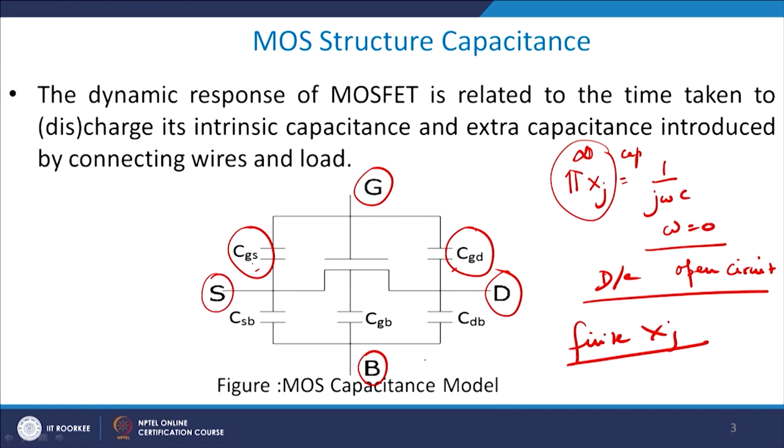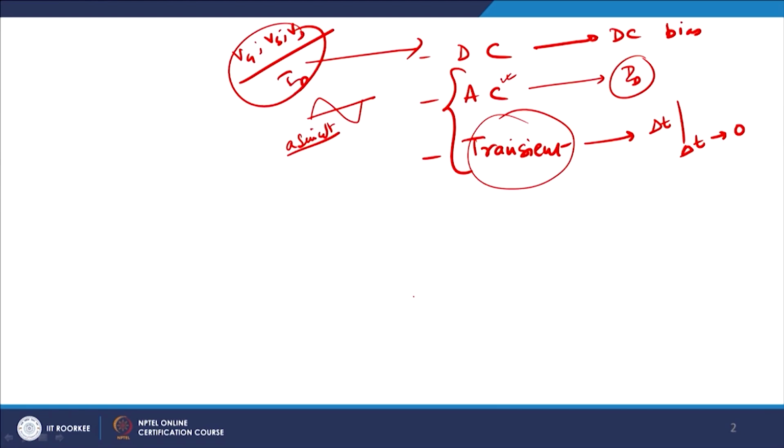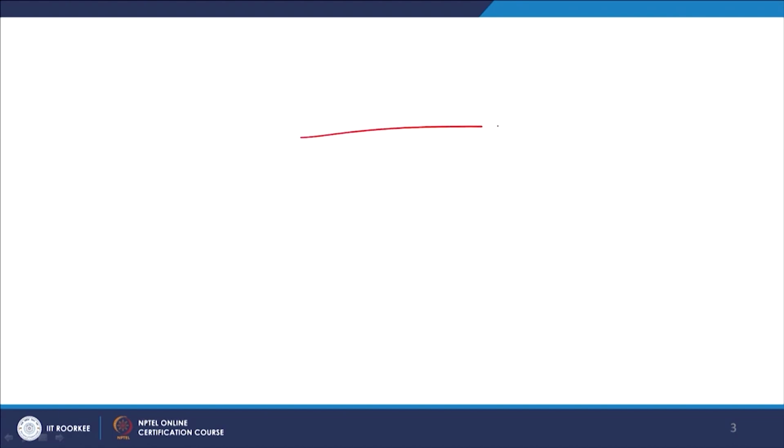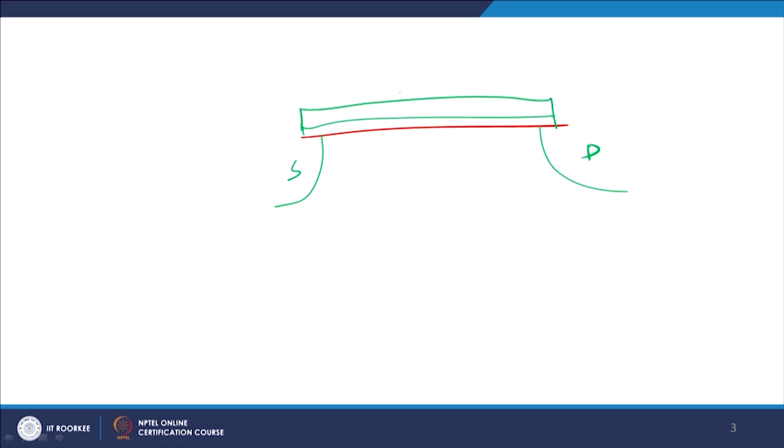Now, from the previous discussion, let me help you out: let me say that you have a device with the source here and the drain here, a metal gate here, and a bulk here.